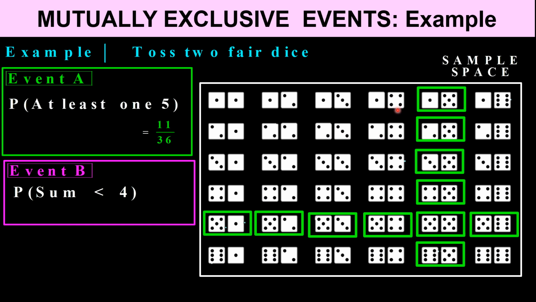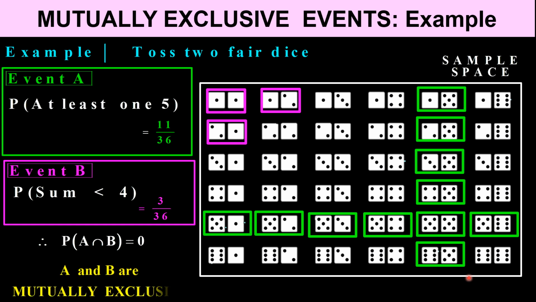It's not there. You see where we have a sum of less than 4? Those are the 3 cases. In this case here, it's 2 plus 2, which is 4, which is not less than 4. So those are the only cases where I have less than 4. Now, if you look at the magenta and the green, they have nothing in common. So in other words, the probability of A intersection B is 0. Therefore, A and B are mutually exclusive events.